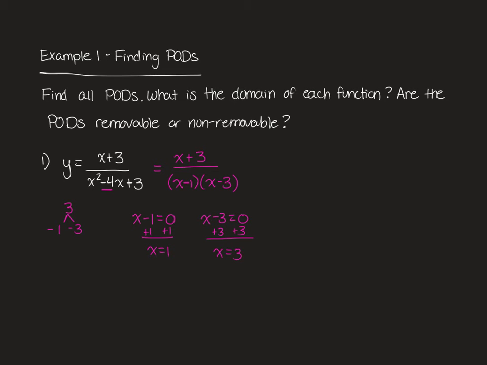So your points of discontinuity are x equals 1 and x equals 3. Since they do not cancel out of our equation, these are non-removable. Graphically, these are going to be vertical asymptotes.